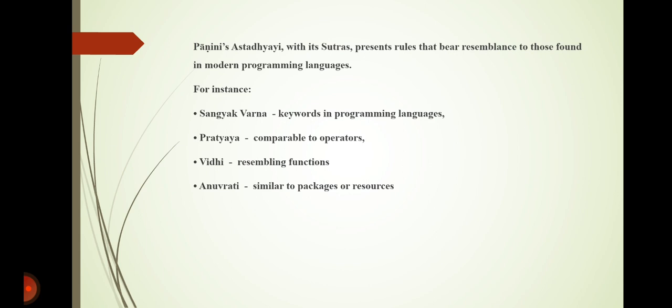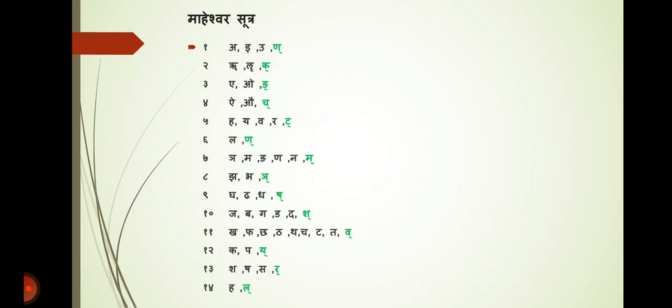Panini's Ashtadhyayi is in the form of sutras, that is small statements describing the entire rule. So, it is using the abbreviation method. Some of these sutras have resemblance with some programming languages or aspects related to programming languages.